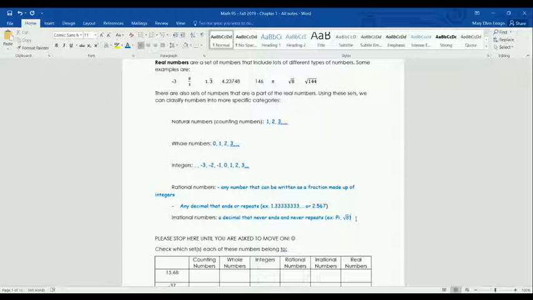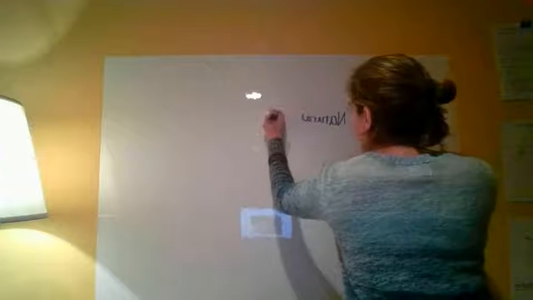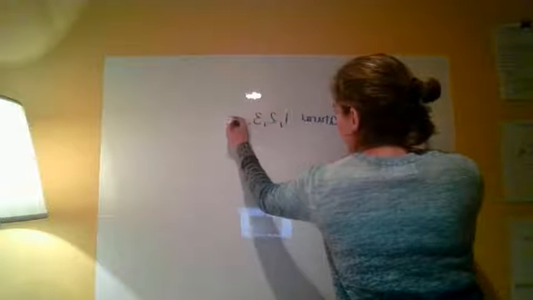Okay, so let me also just visually show you. I'm going to show you on my whiteboard here just visually how these nest together again. So we have our natural numbers, or counting numbers, which again are 1, 2, 3, etc. Then I move to whole numbers.